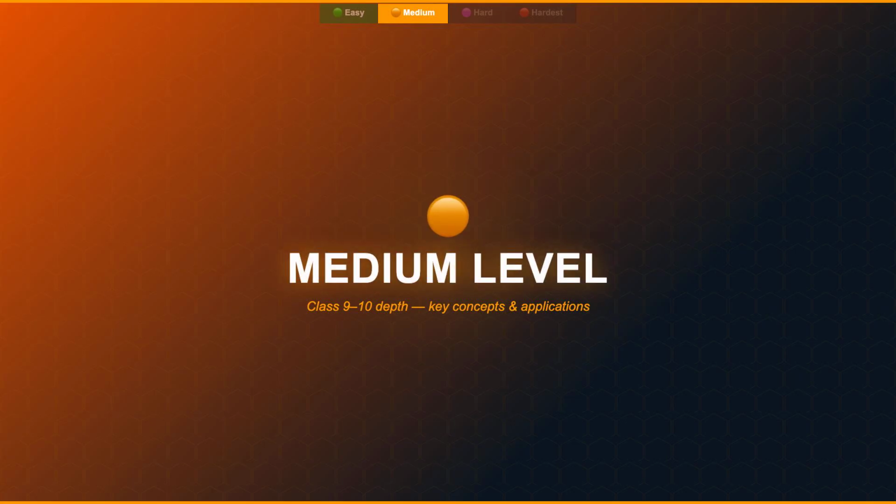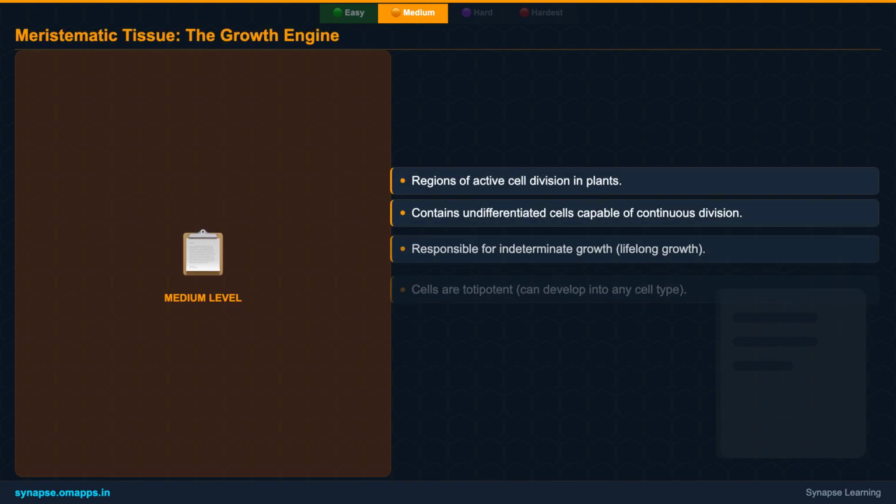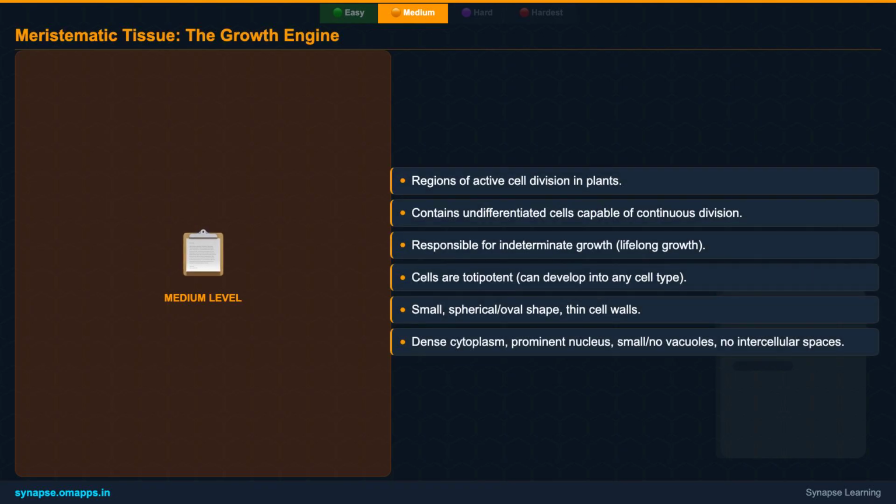At the medium level, we'll explore more about the unique characteristics and vital roles of meristematic tissues. Meristematic tissues are truly the architects of the plant world. They house undifferentiated cells, meaning these cells haven't chosen a specific job yet, but they have the amazing potential to become any cell type the plant needs.